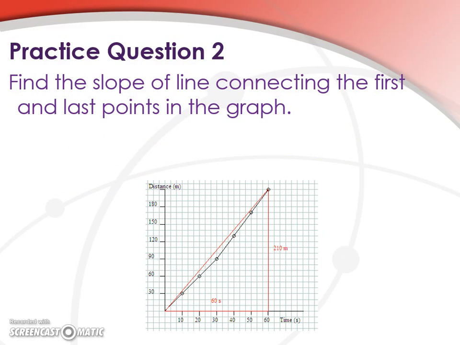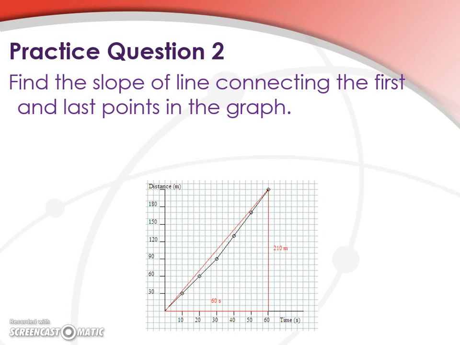If we take the slope, though, of the line connecting the first and last points in the graph, that will still describe a triangle. And we can still calculate the slope of that line that doesn't connect the points but connects the first and last points.